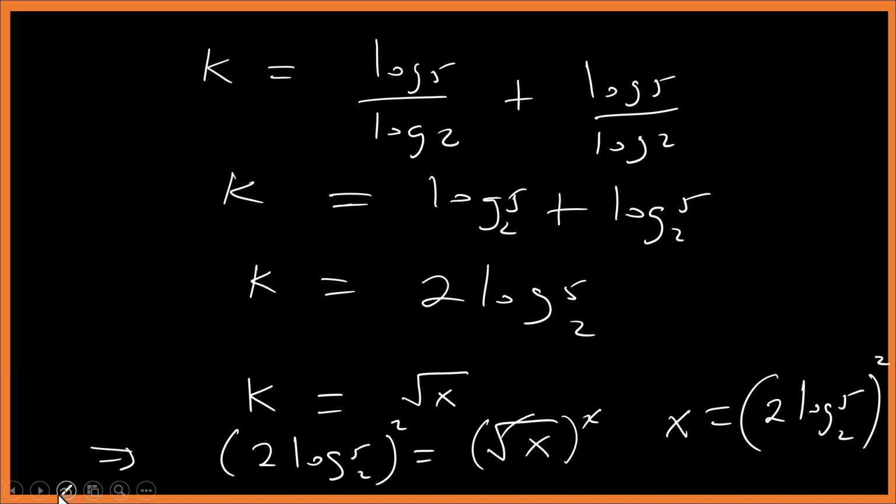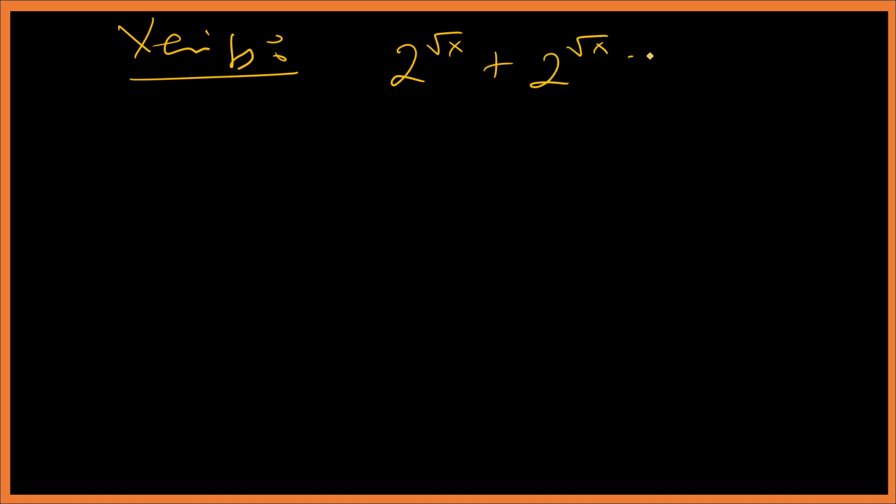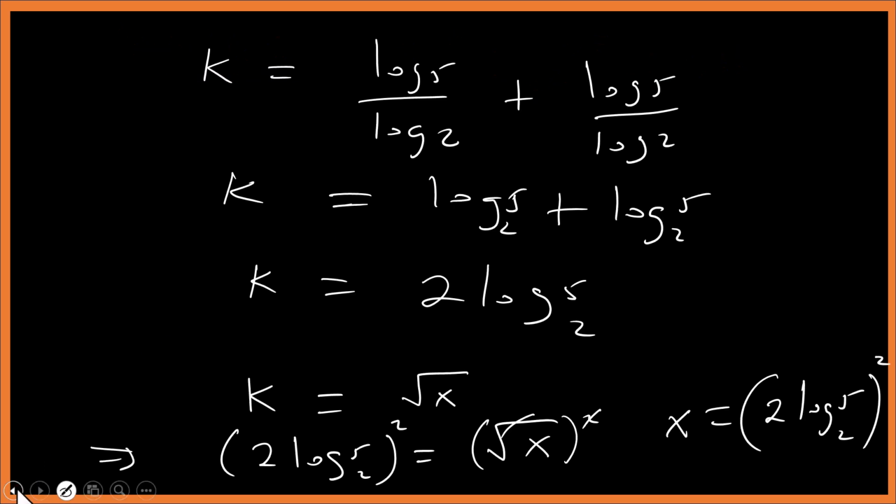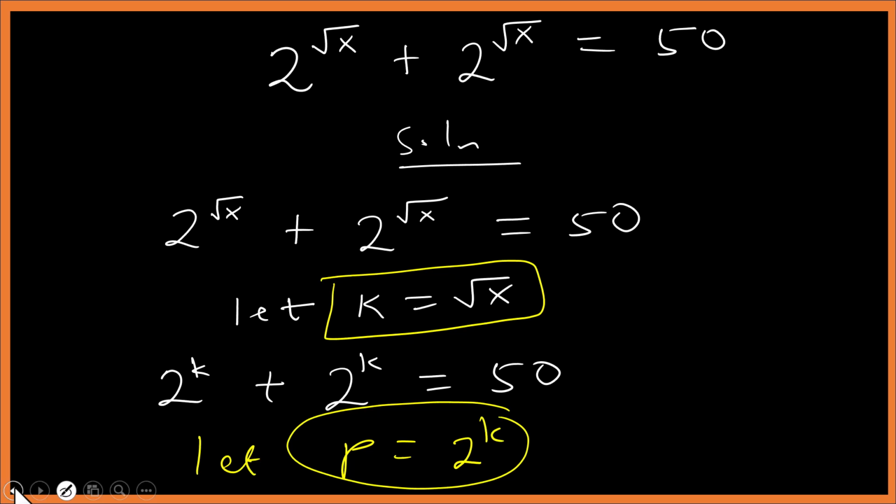So let's see if this is correct as we verify. So let's verify. We have 2 raised to x plus 2 raised to x equals 50. Let's confirm.